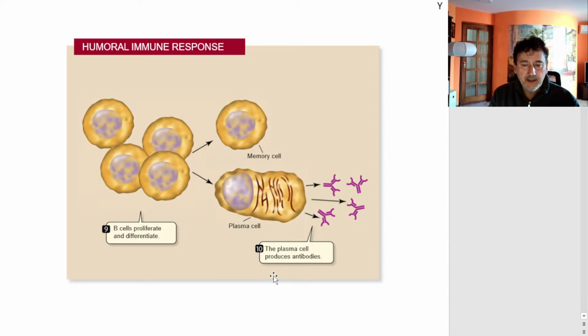As you can see, the plasma cells are larger than the B cells, and the reason for that is that they produce a very large meshwork of rough endoplasmic reticulum. If you remember, the function of this is the production of secreted proteins. So actually the plasma cells become an antibody producing factory, right?